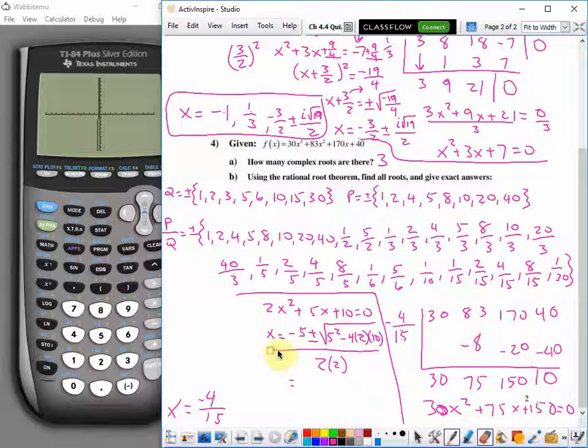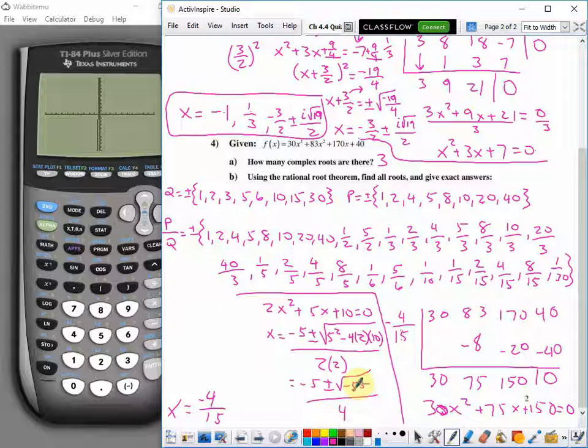Took that a little bit too far. Okay, so that's -5 plus or minus the square root of -55 over 4.